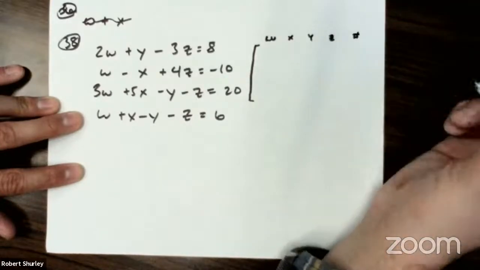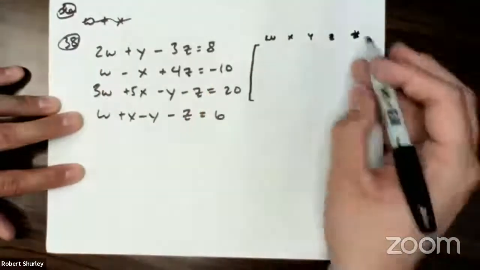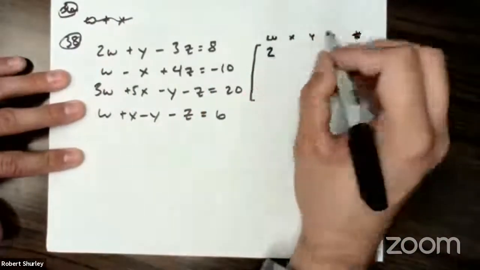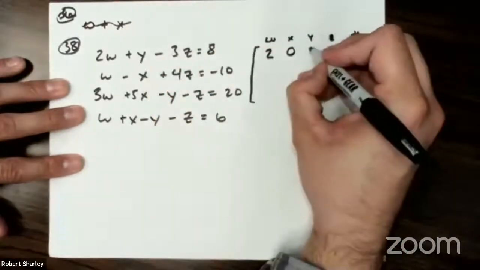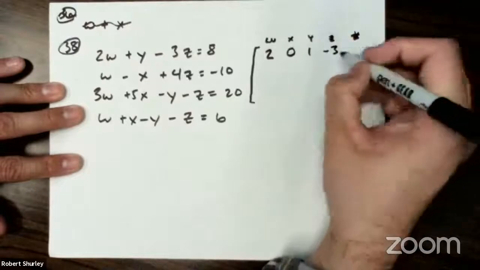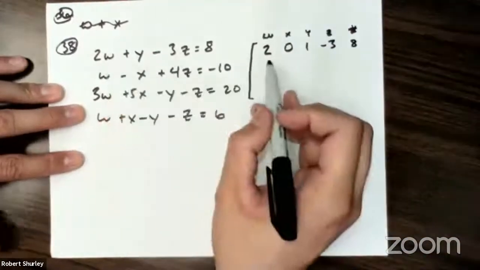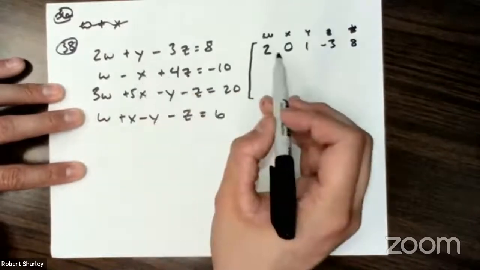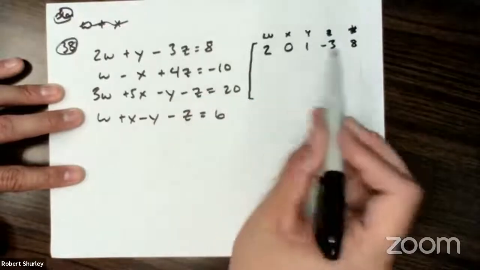And then there's going to be a number. So the first equation is going to be 2. There's no X, so I've got to put a 0 there. Then Y is 1, negative 3 for Z, and 8 is the number.